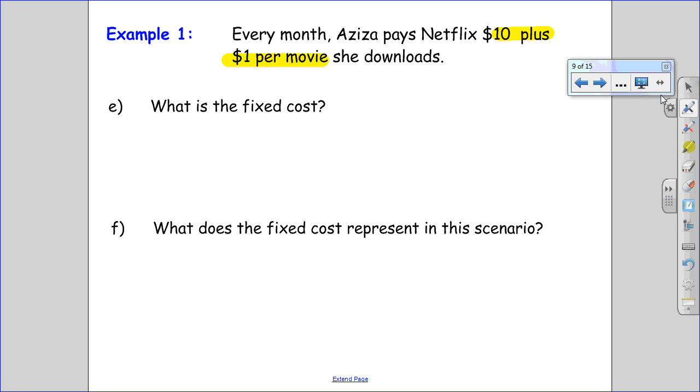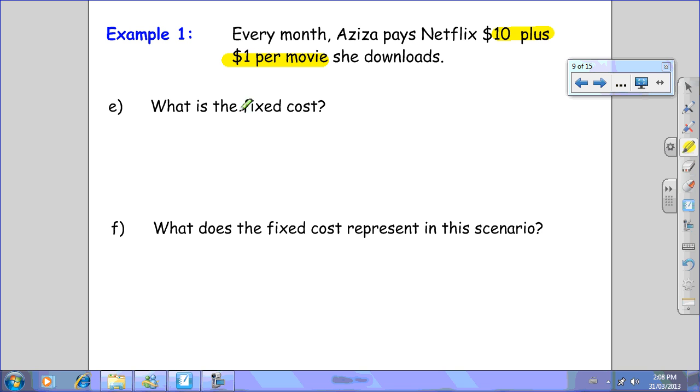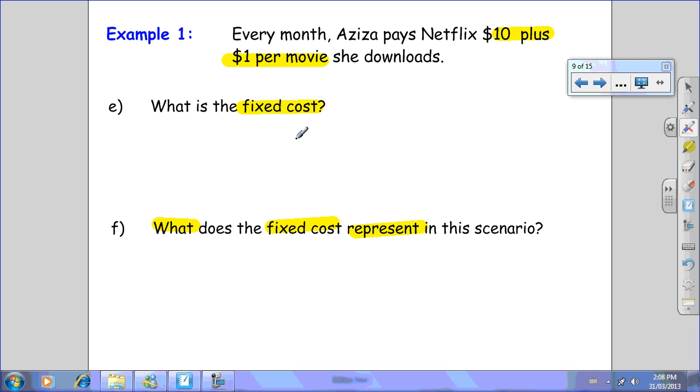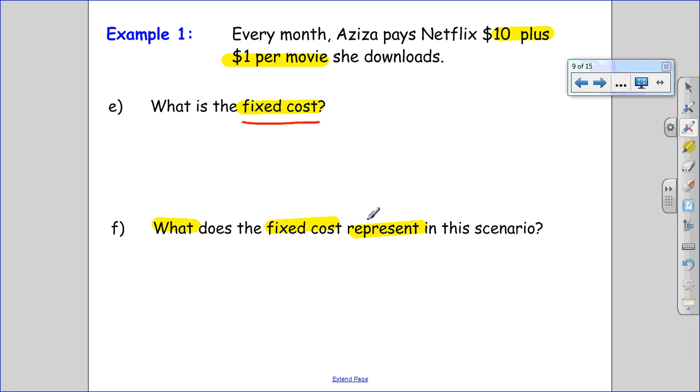Every month, Aziza pays Netflix $10 plus $1 per movie she downloads. What is the fixed cost? We're looking for the fixed cost. What does the fixed cost represent in this scenario? So in part E, we're looking for what the fixed cost is. And in part F, we want to know what it represents. So we've underlined that, so we keep going back to that. A fixed cost is an initial value or a y-intercept.